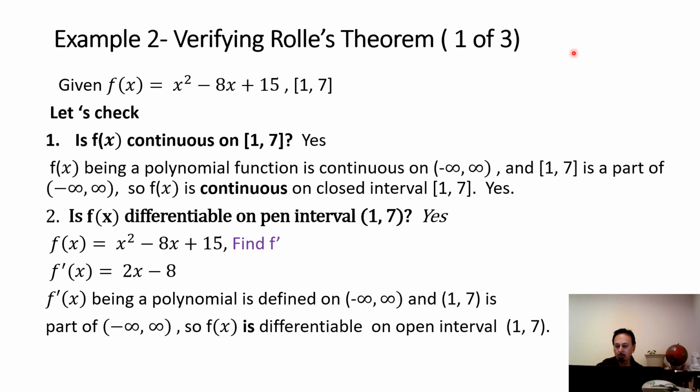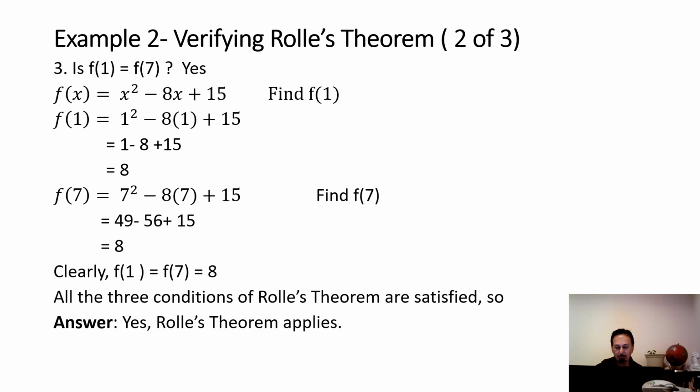Okay, so now we're going to check if f of 1 equals f of 7. Start with f of x and find f of 1. f of 1 is 1 squared minus 8 times 1 plus 15, and that becomes 8. Now we find f of 7: 7 squared minus 8 times 7 plus 15, which is 49 minus 56 plus 15, also 8.